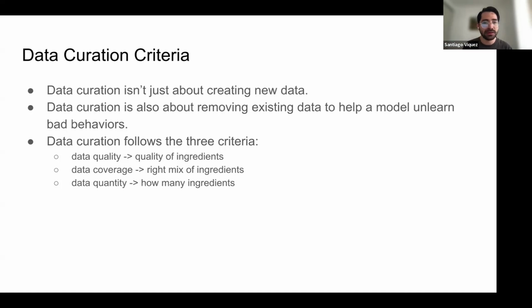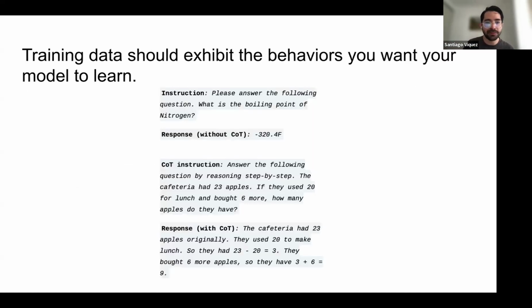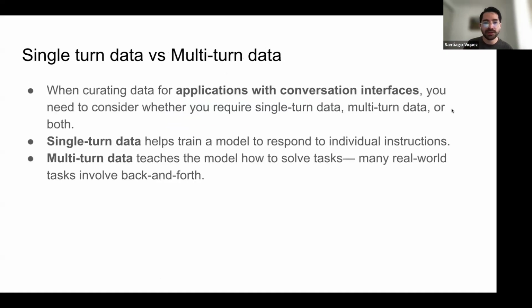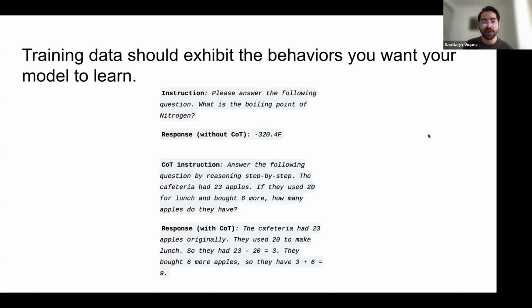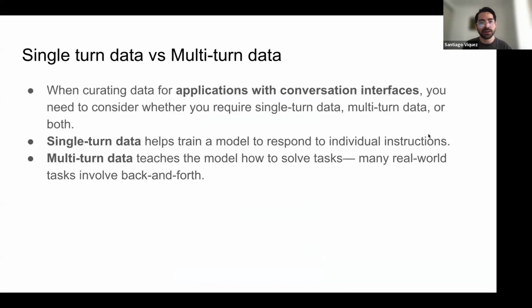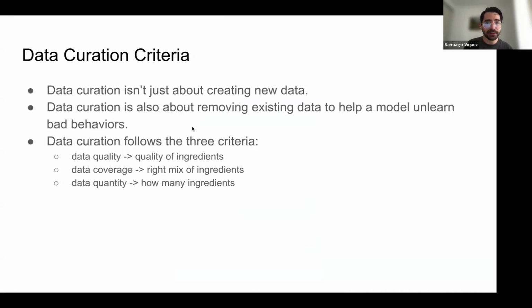For example, if you only want the chain of thought instruction and you have data that looks like this, then you need to remove it, right? Because it doesn't support the behavior that you want for your model. That's a criteria. But basically we can split everything into three criteria, which are data quality, data coverage, and data quantity.